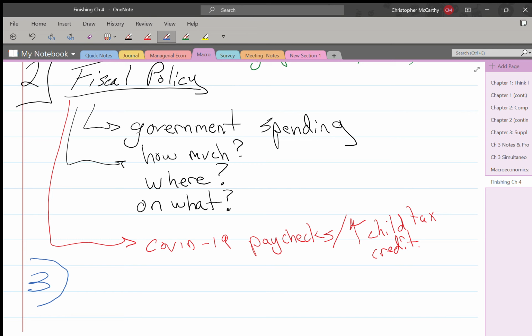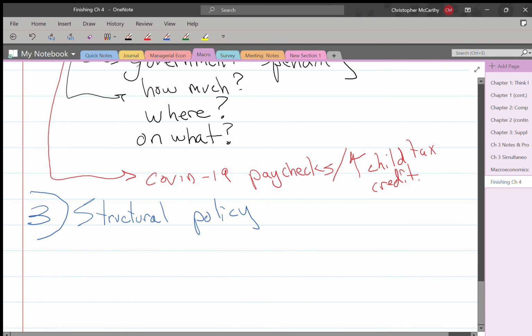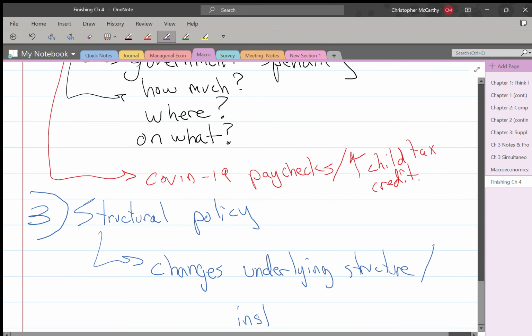So structural policy is aimed at changing the underlying structure or institutions, there's that word again, of the nation's economy.